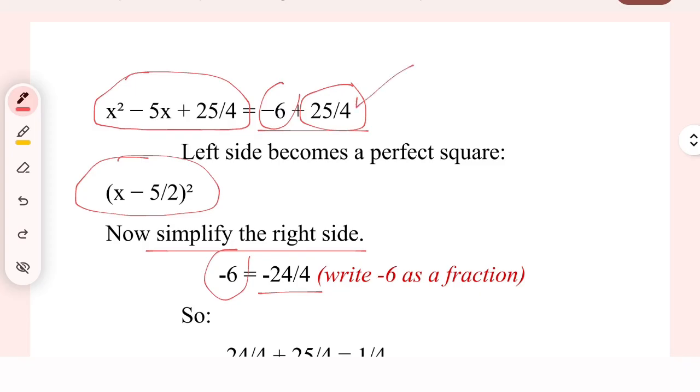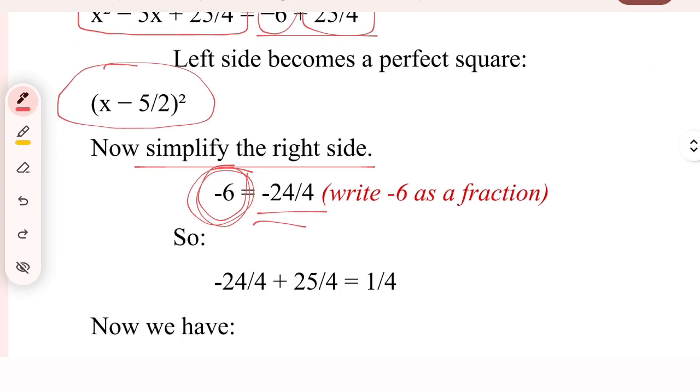Since we have a fraction here which is divided by 4, we will also convert negative 6 into a fraction with a denominator of 4. And that is actually negative 24 over 4. So we write negative 6 as negative 24 over 4.